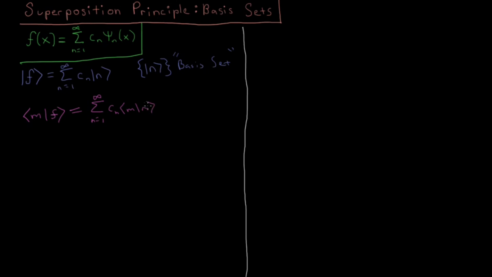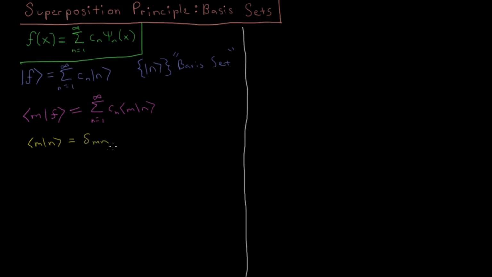But these |n>, we know that these are eigenfunctions of the Hamiltonian. And the Hamiltonian, because of postulates of quantum mechanics, we know is a Hermitian operator. And we showed that for Hermitian operators, the eigenfunctions are orthogonal. So let me just go down here with this. For <m|n>, the integral of psi m star of x times psi n of x integrated from minus infinity to infinity, that is going to equal what we're going to call this Kronecker delta, which we're going to use a lot moving forward.